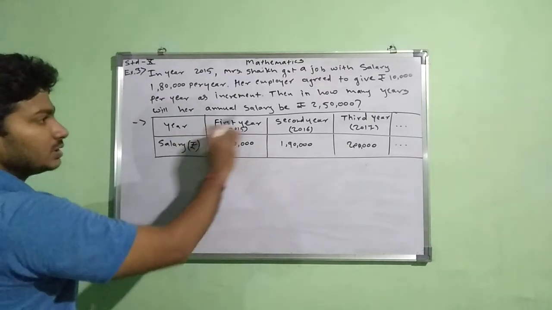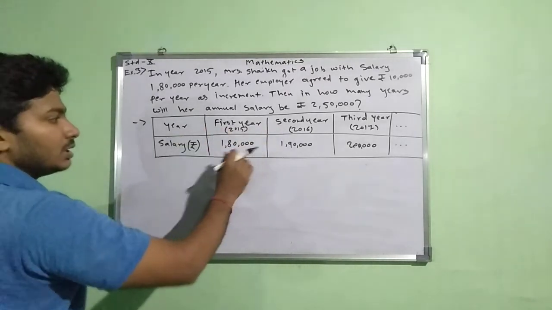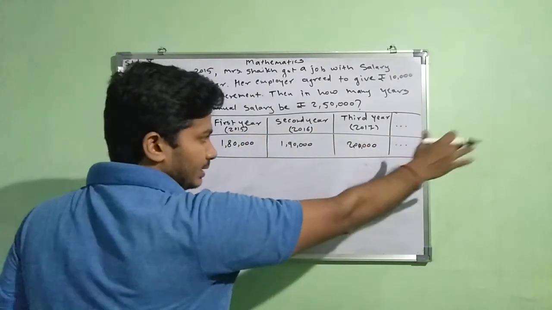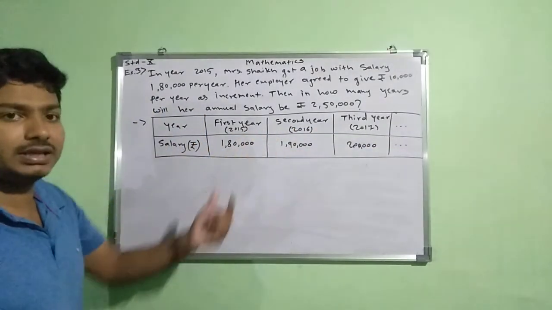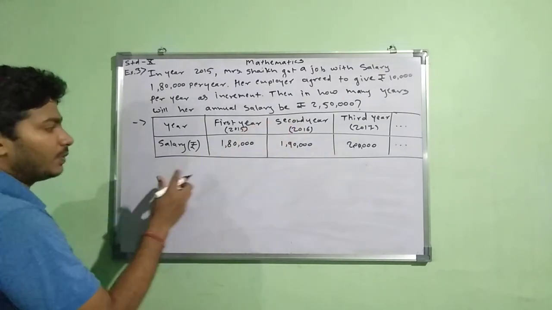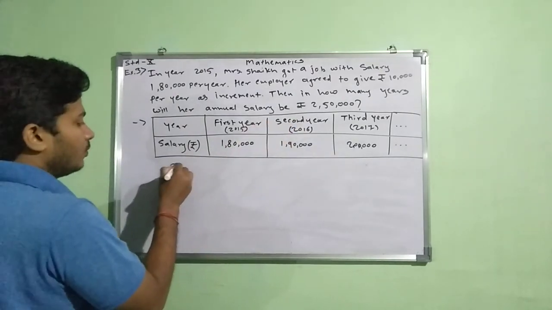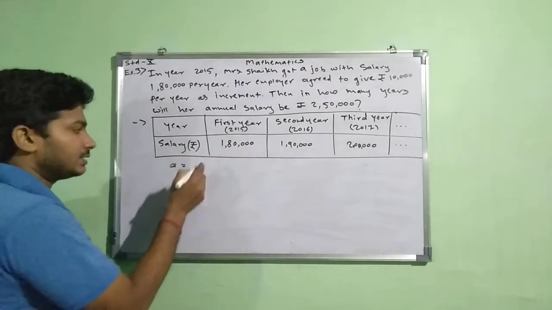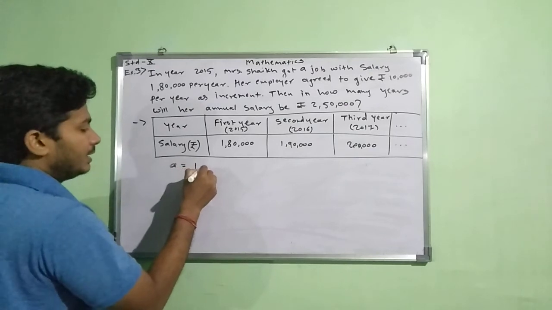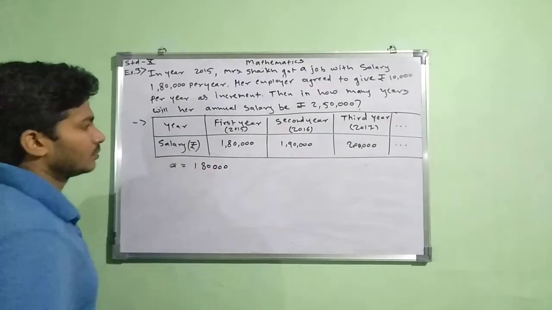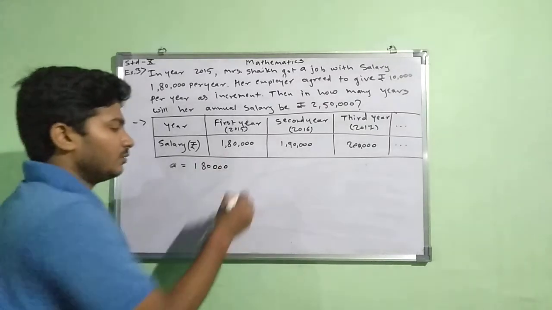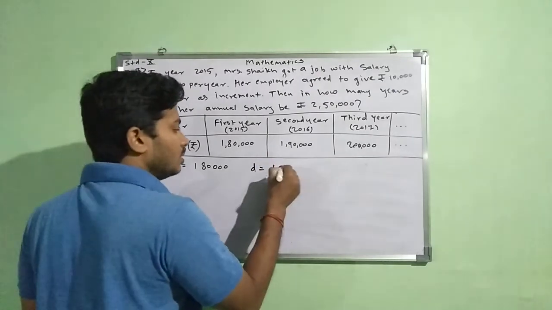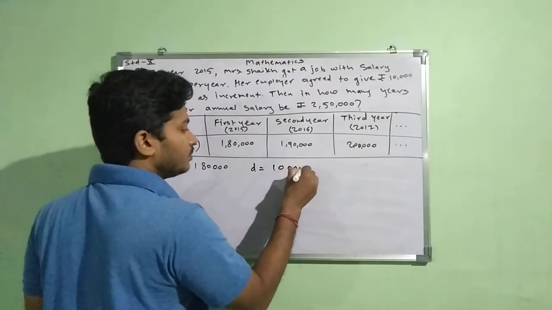If you see the values 1,80,000, 1,90,000, 2 lakh, increasing by 10,000, these values are in arithmetic progression. The first value is written as A, which is 1,80,000, and D is the difference, that means the increment in the salary, which is 10,000 per year.